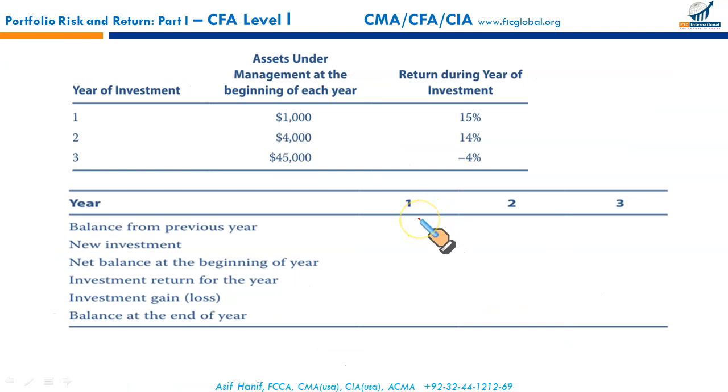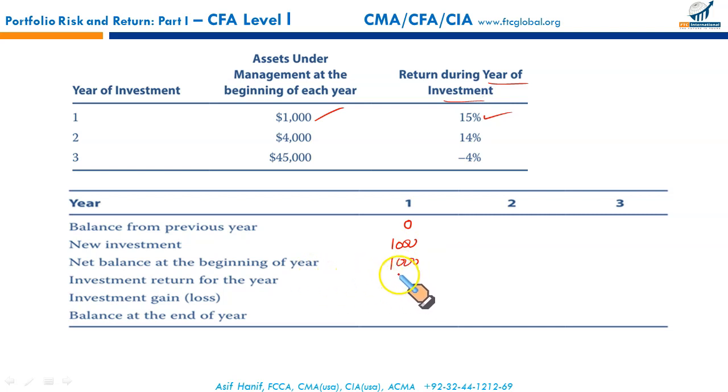Okay, so this would be the working balance from the previous year, nil. New investment $1,000. Net balance at the beginning of year 1, of course, 1,000. But at the end of year 1, there is a return during the year of investment of 15%, which means we earned 15% of 1,000, that is 150.